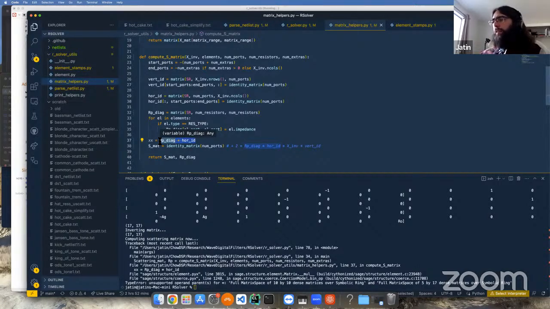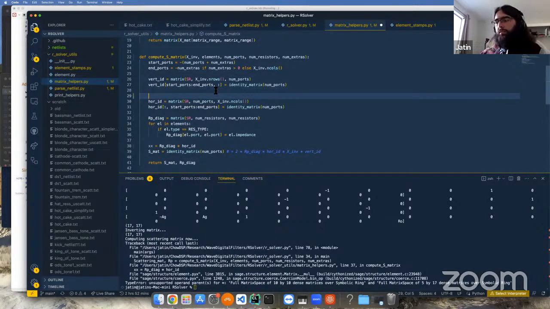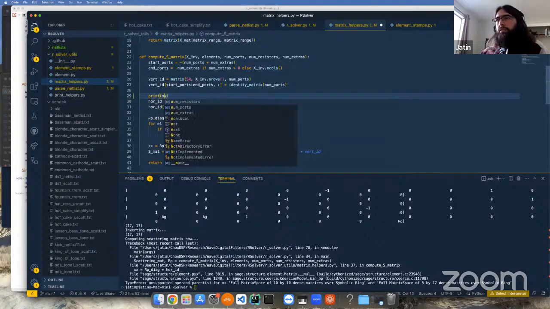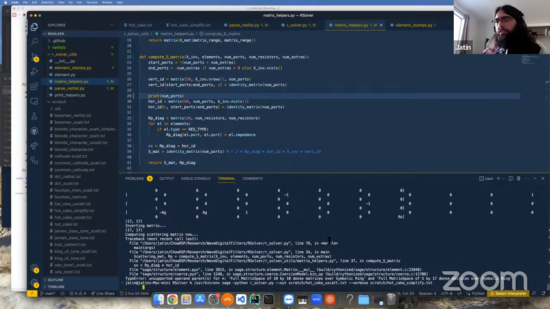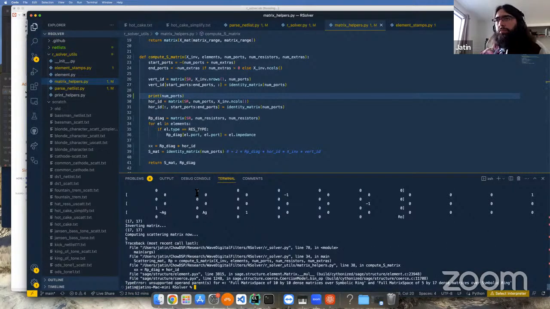Full matrix space of 5 by 17. Why is it 5 by 17? Num ports. Let's see here. Maybe I did something wrong here. Num ports is 5. Okay, what if I do num resistors instead, just to make this guy happy?